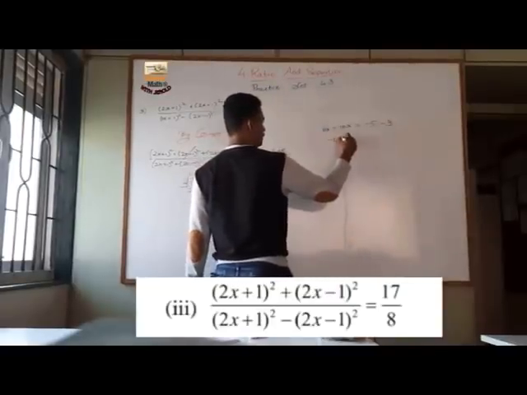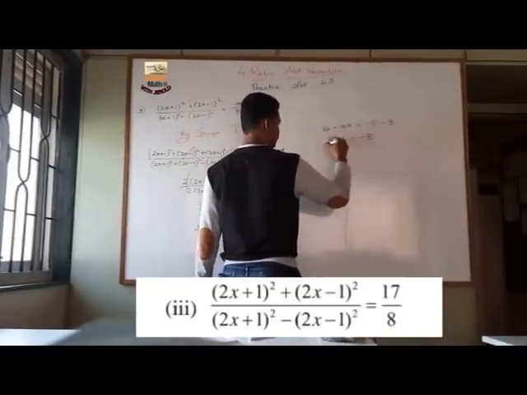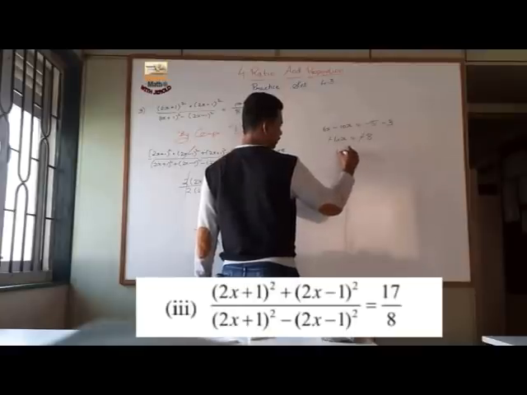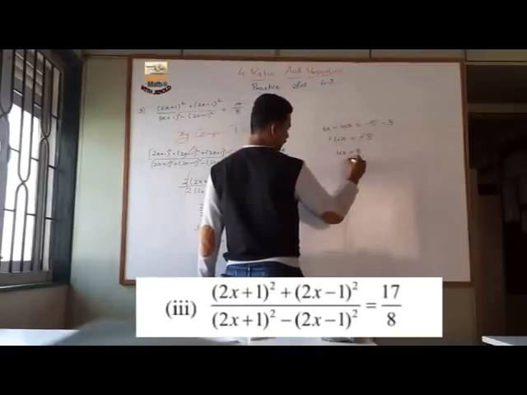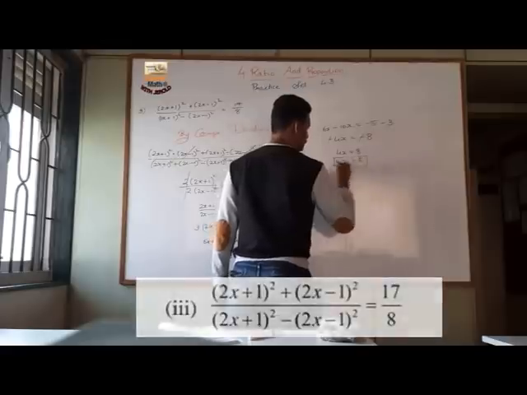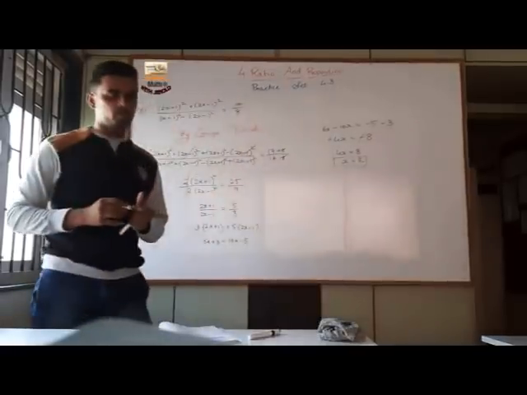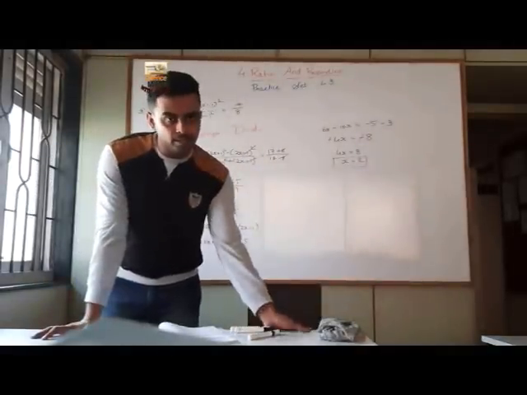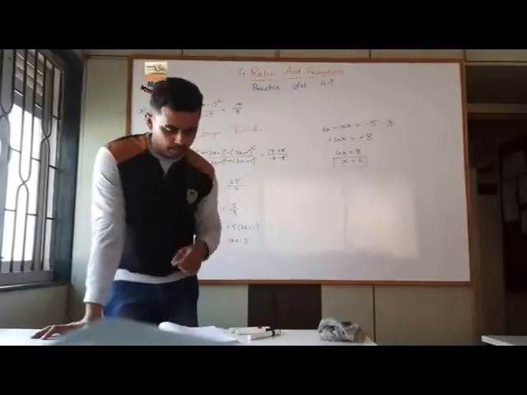So minus 4x is equal to minus 8. Minus minus gets cancelled. 4x is equal to 8. X is equal to 2. This is the answer for my third sub question in question number 4 of practice set 4.3.